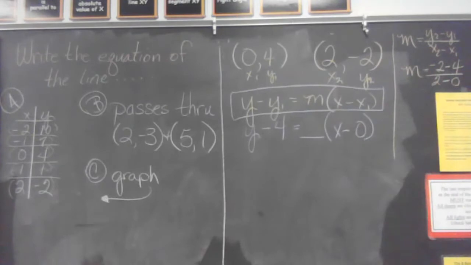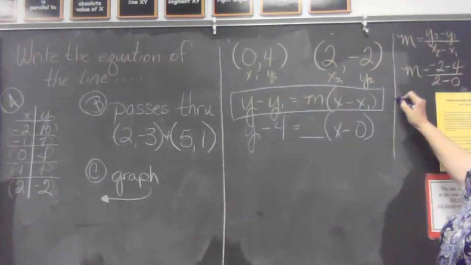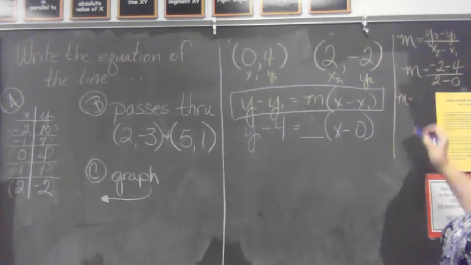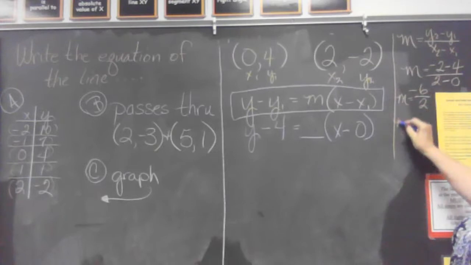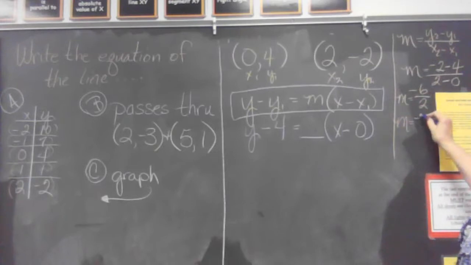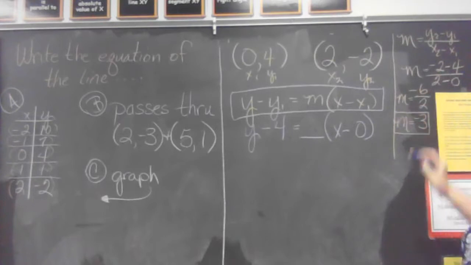So when we work this out, we simply have m equals negative 2 minus 4, which is negative 6, over 2 minus 0, which is 2. This will simplify to negative 3. So now we know that our slope is negative 3. We can go back to our original problem.